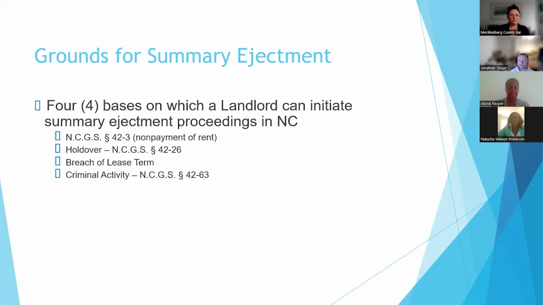And then finally, there is what's called an expedited eviction process for scenarios where it's discovered that the tenant is involved in criminal activity, and there are specific types of criminal activity that are enumerated in the statute, but it gives the landlord a faster way to evict the tenant without having to do certain processes like giving notice. Next slide.